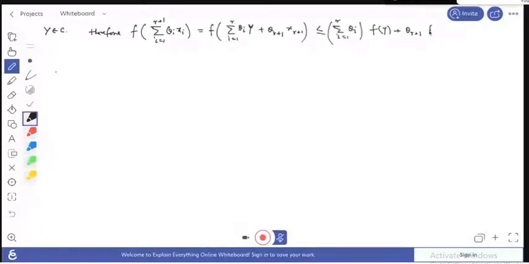So this is the summation i equals 1 to r of theta r, and here f of the summation over i equals 1 to r.